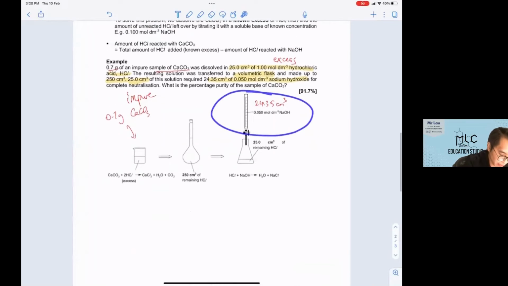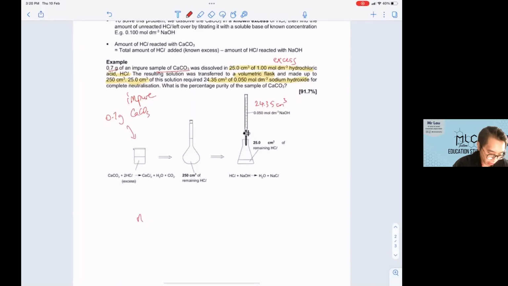So first, you will find your number of moles of sodium hydroxide. Over here, which is 24.35 over 1000 times 0.05, the concentration times volume. You'll get 1.22 times 10 power minus 3 moles.